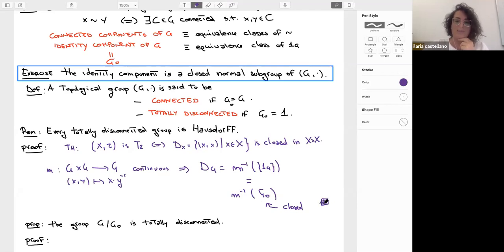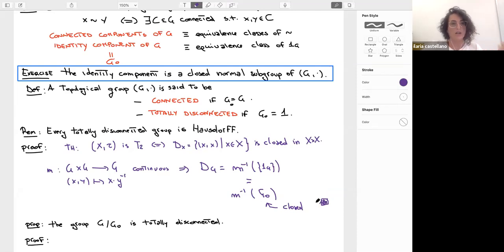Clearly, you can use the same proof to prove that for topological groups, Hausdorffness is equivalent to the axiom T1. So you just need points to be closed in order to get Hausdorffness.